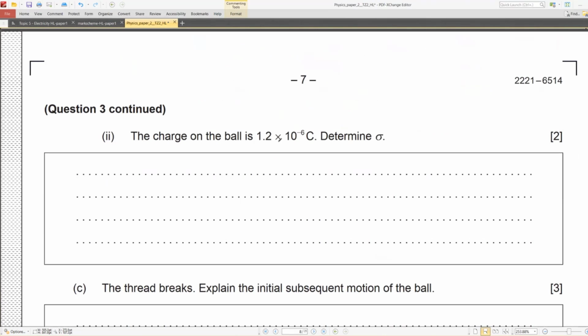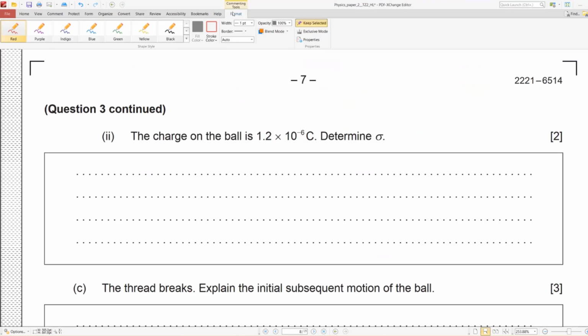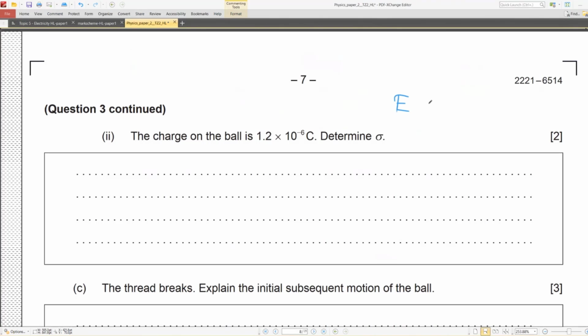The charge of the ball is 1.2 times 10 to the negative 6 coulombs. Determine sigma. We already have the field E given above by the equation sigma over 2 times epsilon 0. So to find sigma, we need to find E. We already have that the force is the charge of the ball multiplied by the field, and therefore we can find the field.